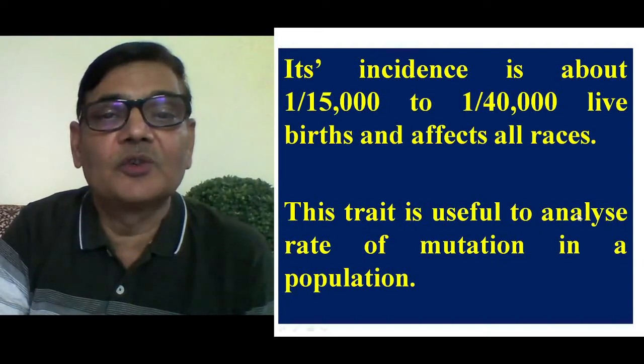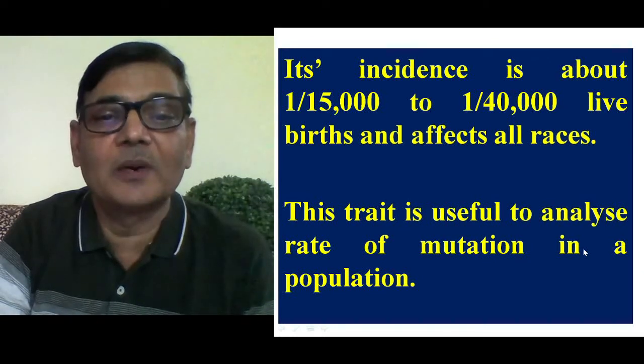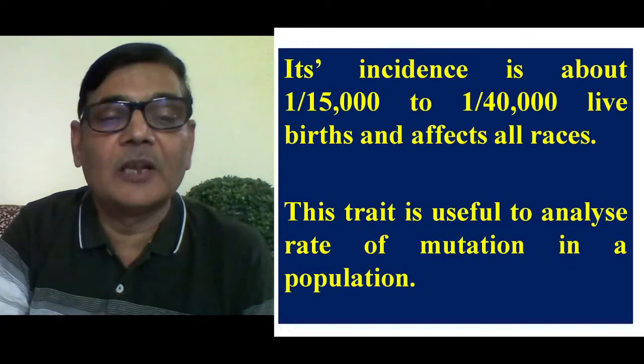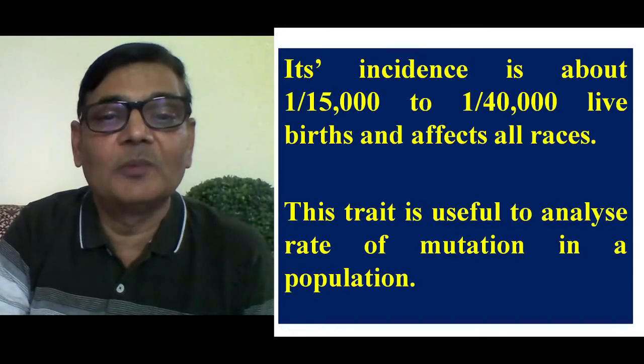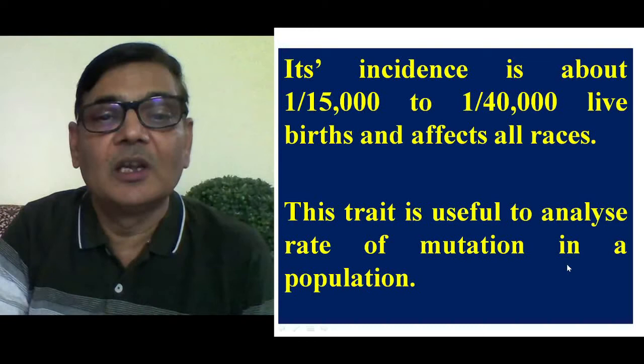This trait is useful to analyze the rate of mutation in a population. This is quite an important point to understand, that since it is a dominant mutation, you can exactly count the number of dwarf individuals in the live births or in the total births, and you can exactly see that out of these many births, if one or two individuals are born with the achondroplasia feature, then what would be the mutation rate?